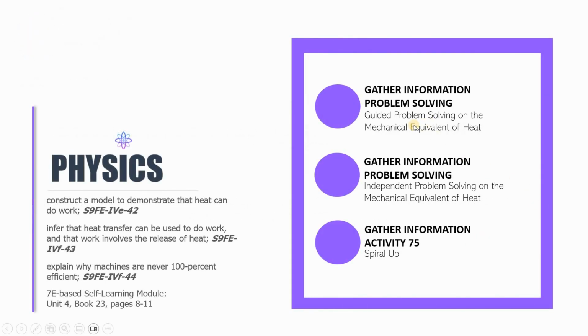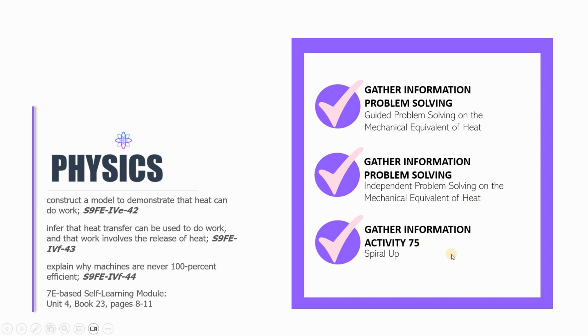Remember that in this session, you were capable of using those two formulas from the previous video lesson in our guided sample problem solving activity. And then you solved your own problem after that. And then you were also capable of witnessing how thermal energy gets converted into mechanical energy through activity number 75, Spiral Up.